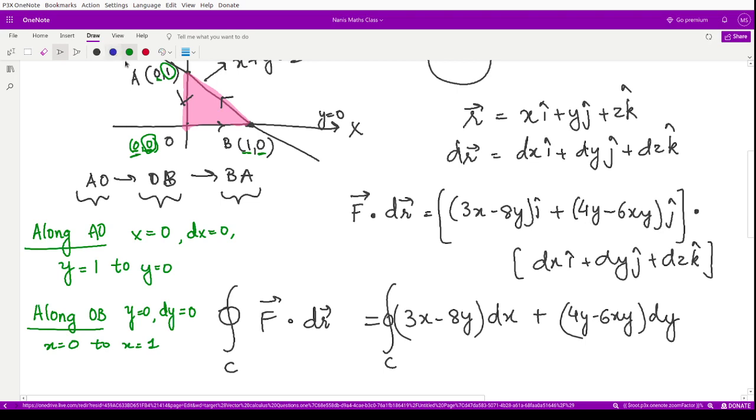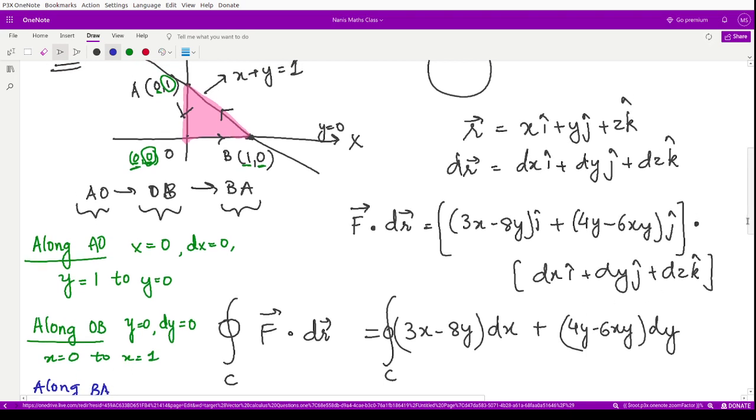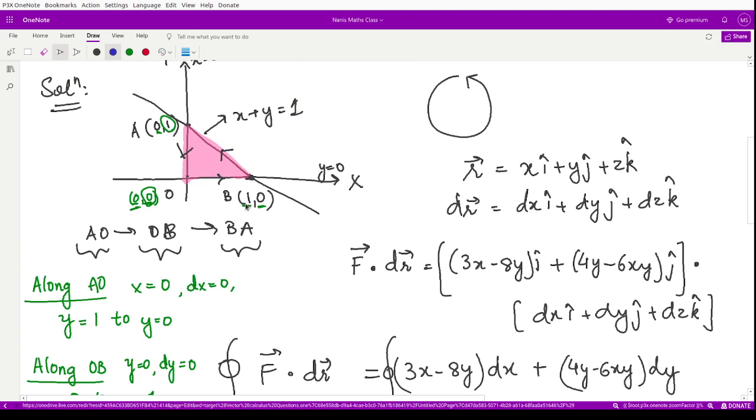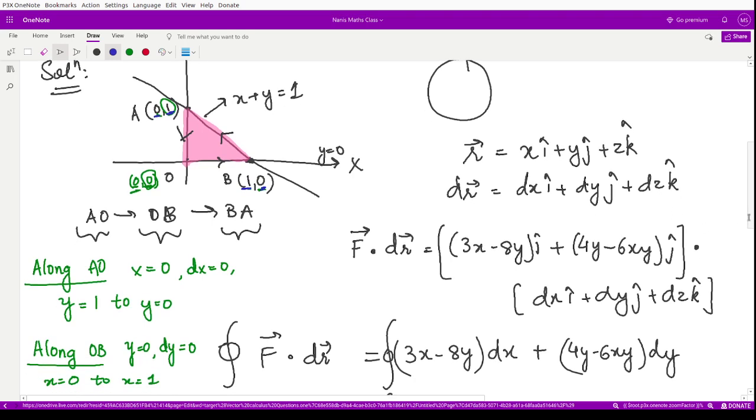Now similarly, along the path BA, you may write along BA. Now along BA, nothing remains constant here. The point, this one is (1, 0) and this point is (0, 1). So how do you determine from here? Here, we convert two variables to one variable. It is up to you whichever variable you want to eliminate.